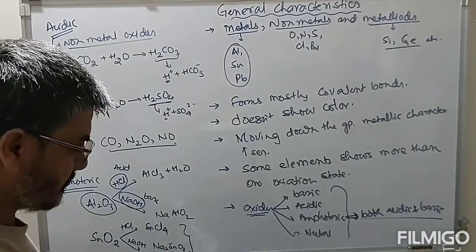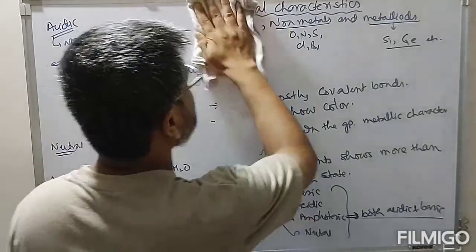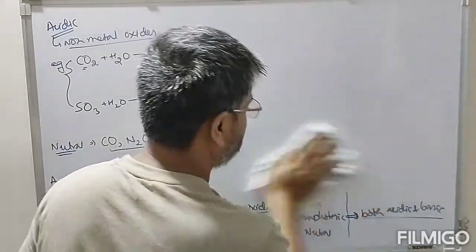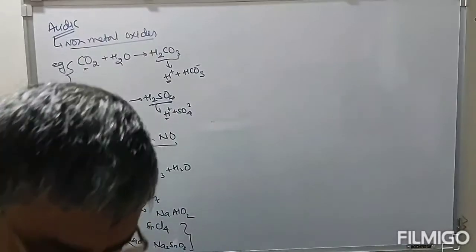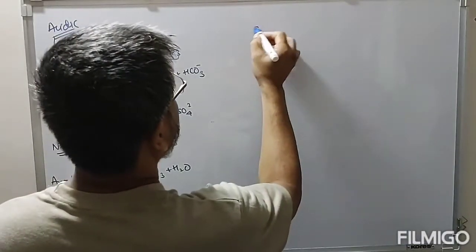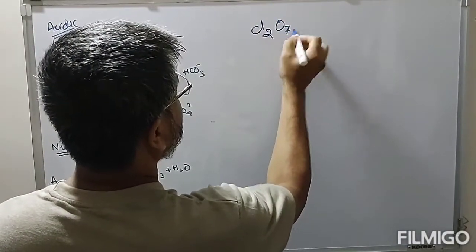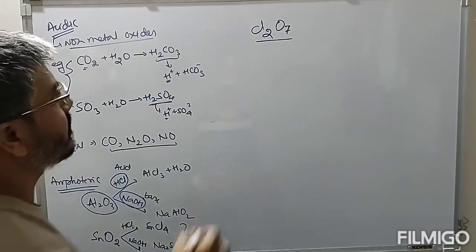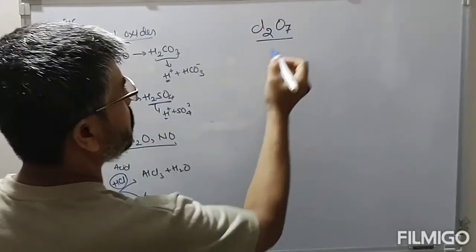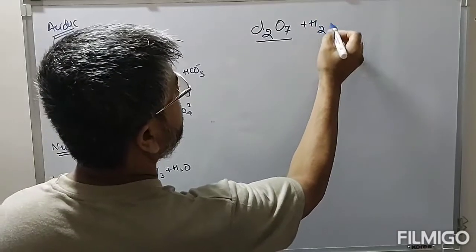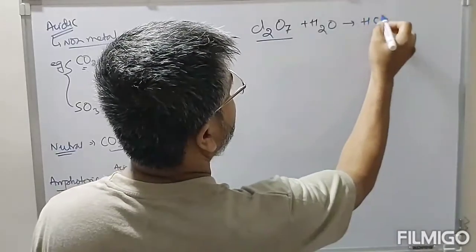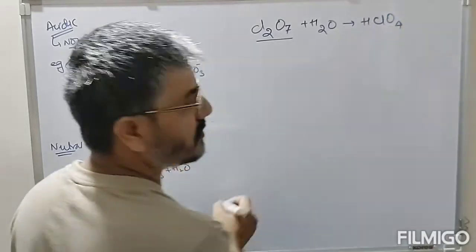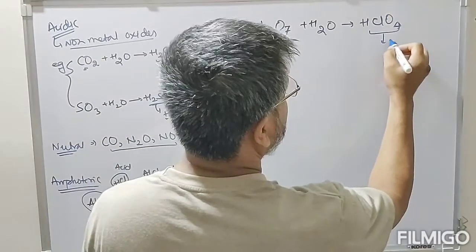Take this example. You look at this Cl2O7, chlorine heptoxide. This is a non-metal oxide. So look at this, when this is dissolved in water, this gives you a very strong acid which is known as HClO4, perchloric acid.